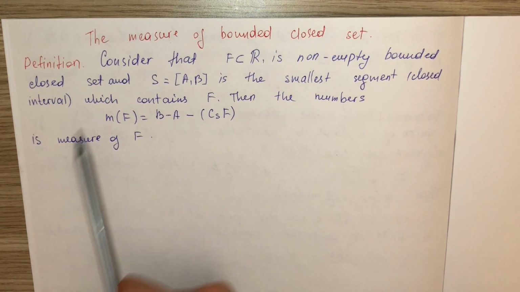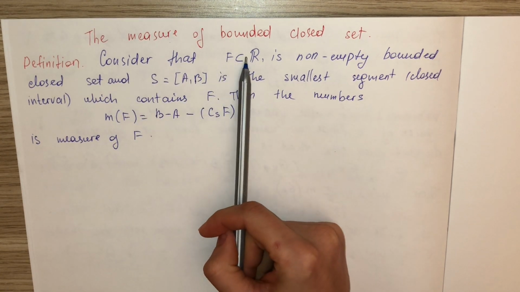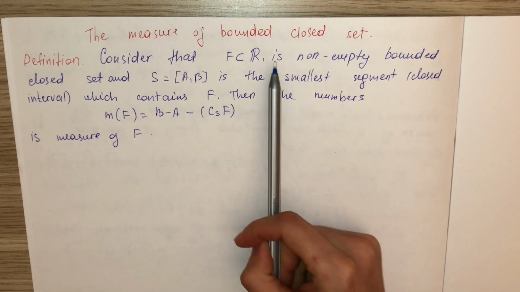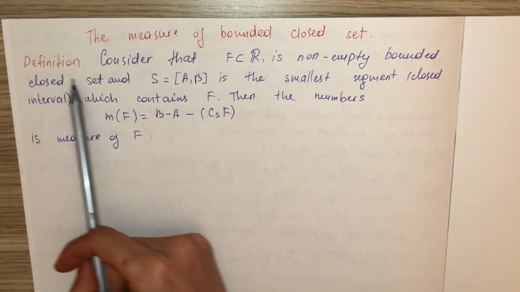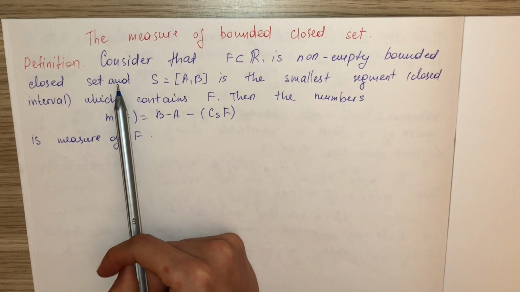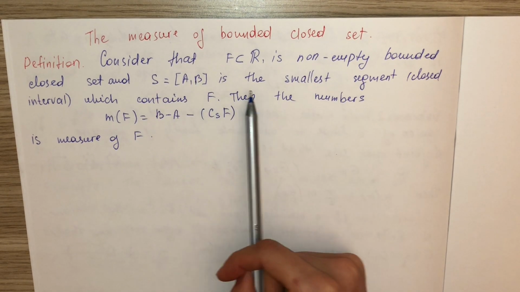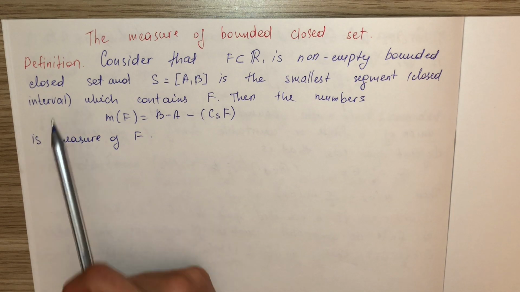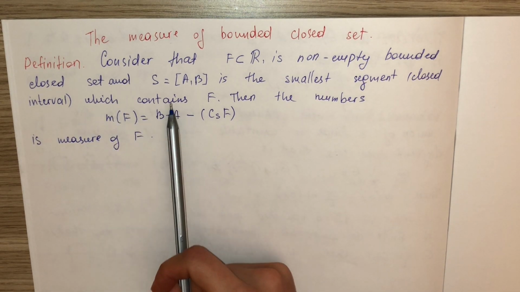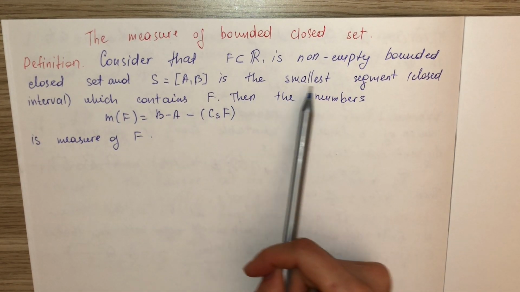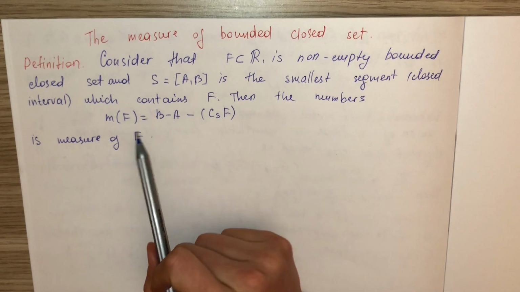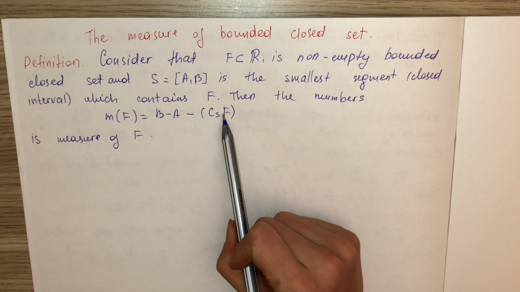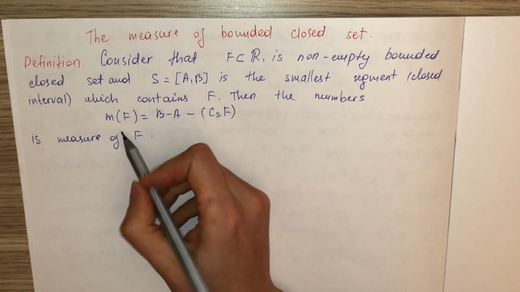So definition: consider that F is a subset of R. It is a non-empty bounded closed set, and S is the smallest segment, which means closed interval, which contains F. Then the number mF is equal to b minus a minus CSF is the measure of F.